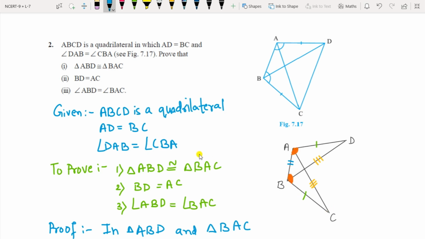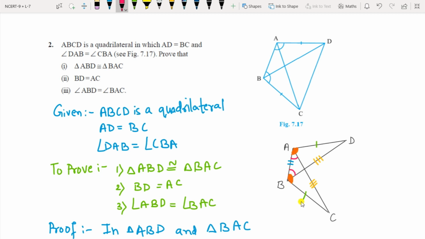We have to prove that these two triangles ABD and ABC or BAC are congruent, and BD, this one in yellow, BD equal to AC, and angle ABD is equal to angle BAC, that we have to prove that they are also equal.